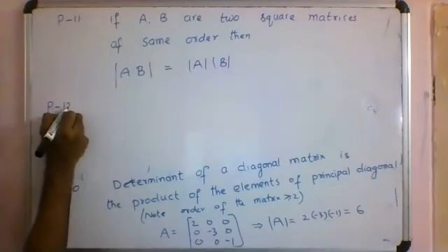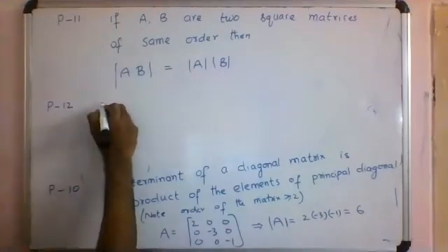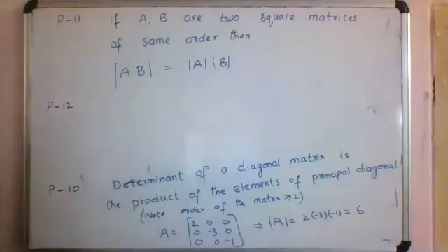And property 12, for a triangular matrix also, the determinant is the product of principal diagonal elements.